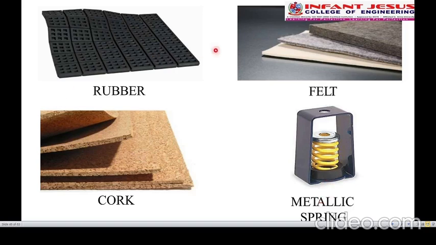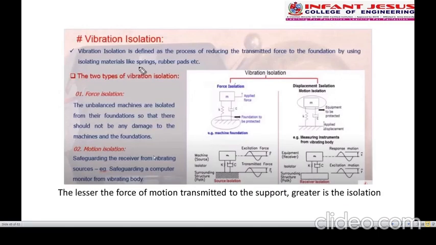These materials can be used for absorbing the vibrations from the machine to the foundation. Here we can see clearly about the vibration isolation and the types of vibration isolation.